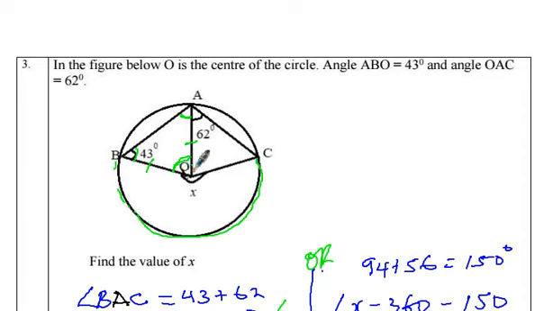Then also, let's now consider this other triangle OAC. OA is a radius, OC is also a radius, so the two are equal. And so now we have another isosceles triangle. With this being 62, that means this angle at this point is also 62.